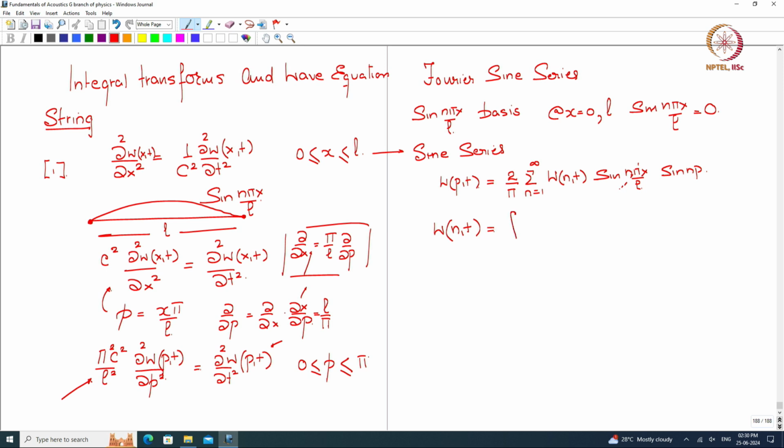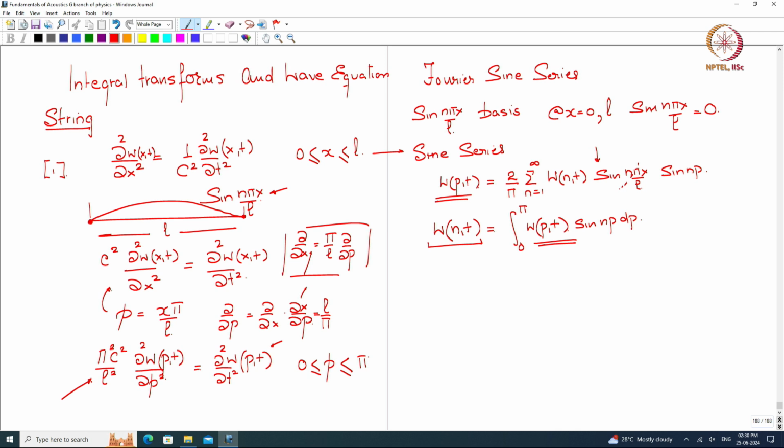We go forward using integral 0 to pi W(P, t) sine nP dP. Because it's finite, these are discrete, but the coefficients are found using an integral, whereas the solution is found using a series. That's exactly like Fourier series.